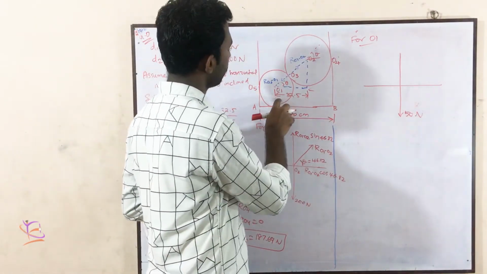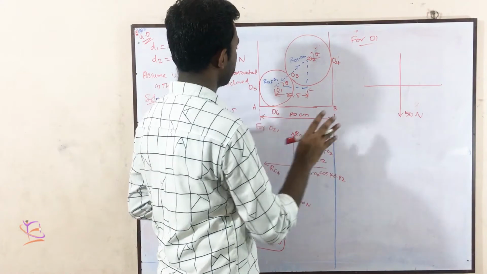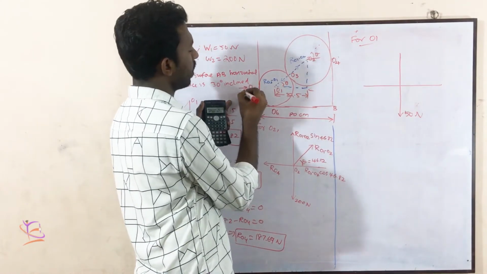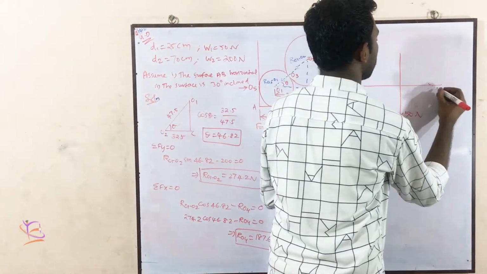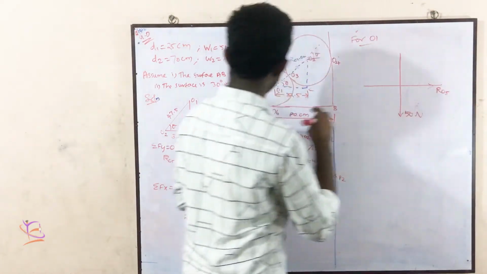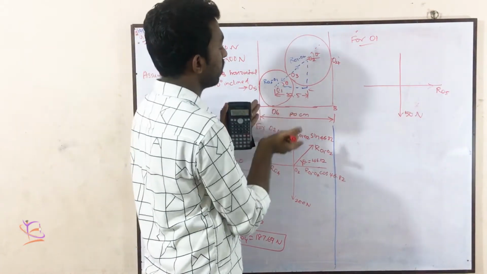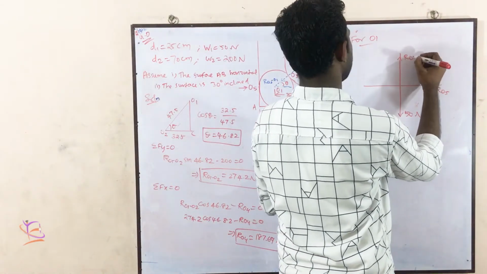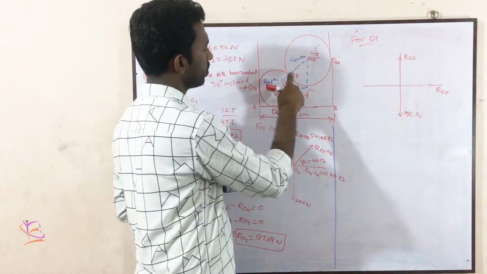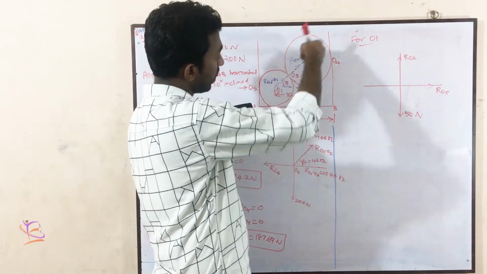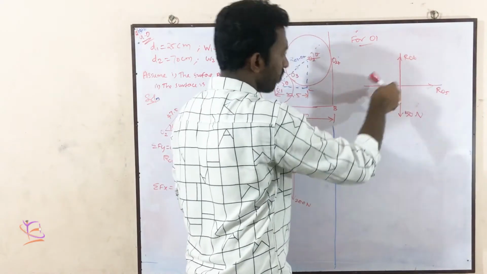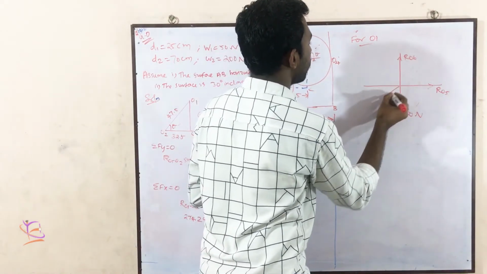Here our contact is there, so the reaction from this side is R O5. Then R06 is there, in the upward direction. Then our contact is there, so this will be from O2 to O1.